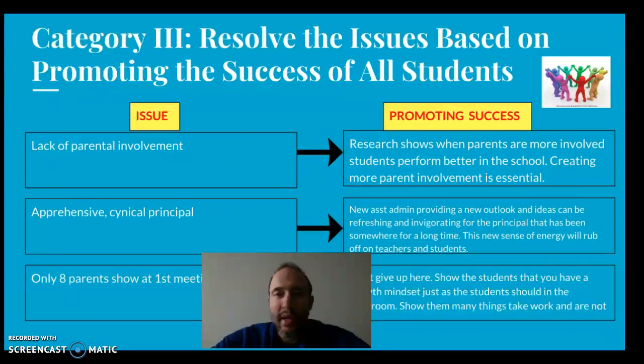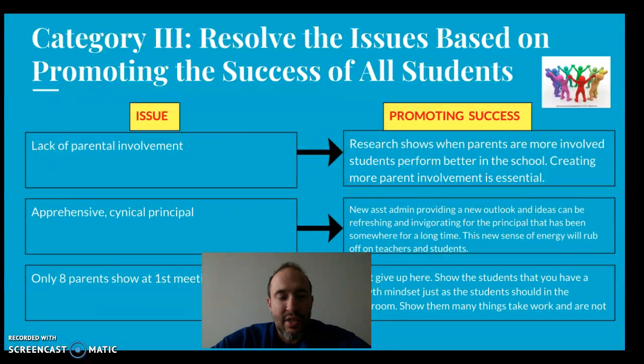So when a new teacher or new administrator comes in and has a new outlook and new ideas, it can be refreshing and invigorating for that principal. It can give that principal a new sense of energy, which then rubs off on teachers and students when they see that the principal isn't their normal cynical self and they have some new ideas and they want to get people involved and get some new things rolling.